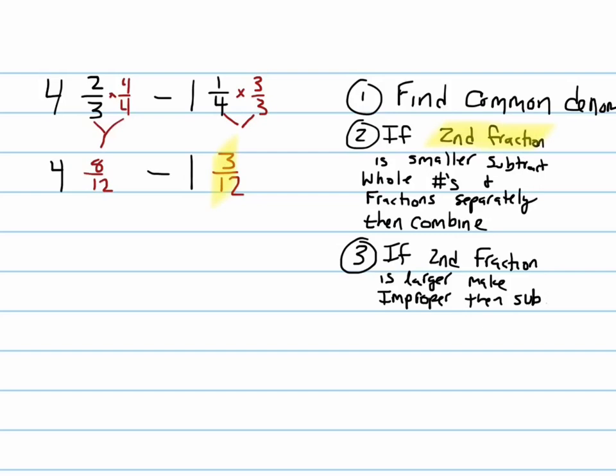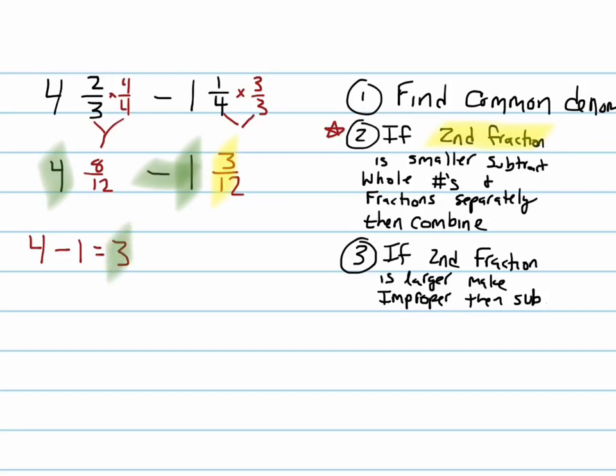So I'm going to do this example now, and then I'll do the third one after. So what I mean by that is I'm going to do 4 minus 1 equals 3. So I've just done 4 minus 1, and that's 3.